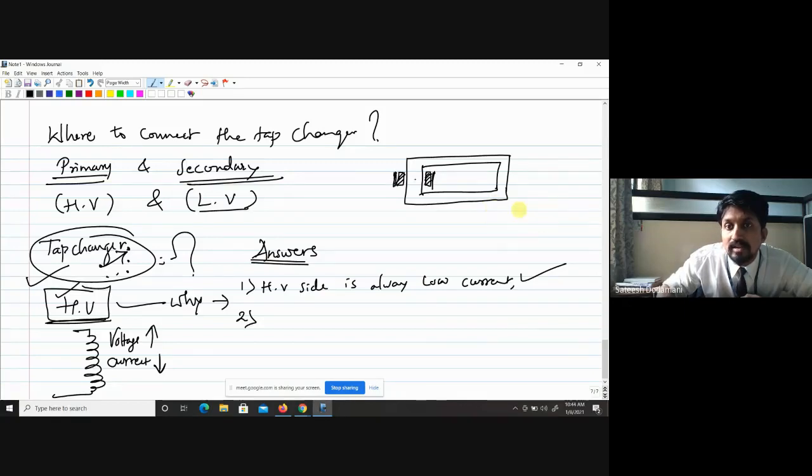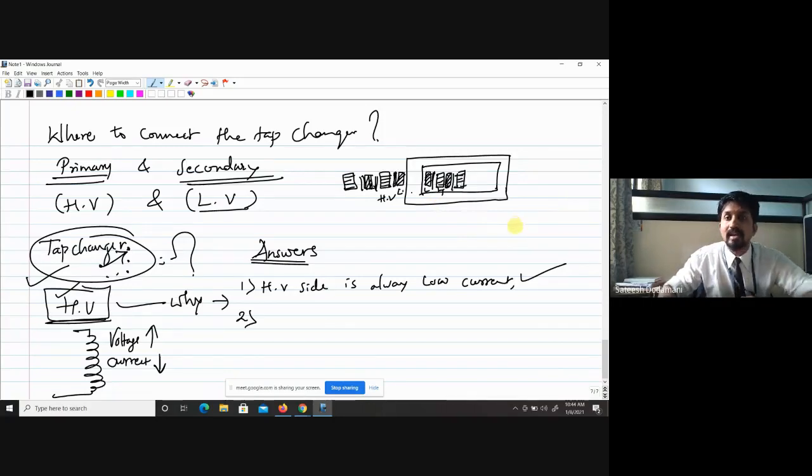Then afterwards this is low voltage, and after this insulation there is a high voltage. Then again insulation, then again one more low voltage, then again insulation and one more high voltage.